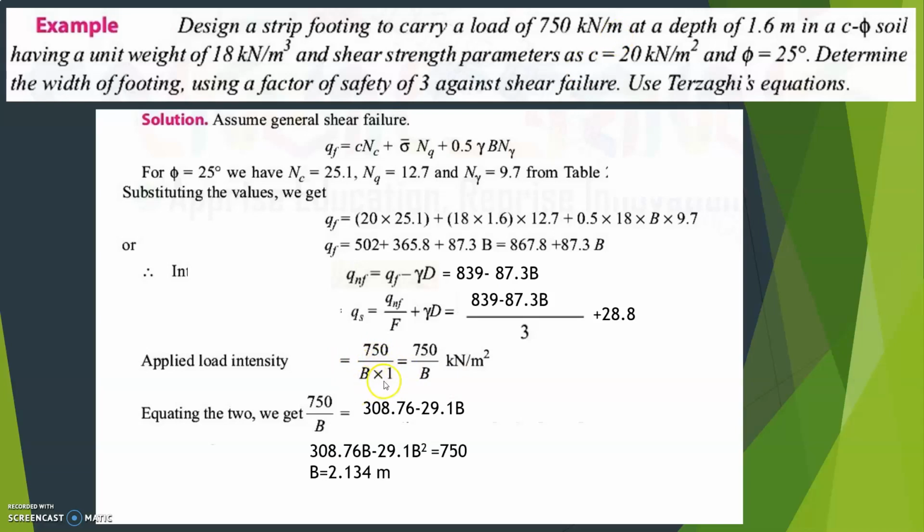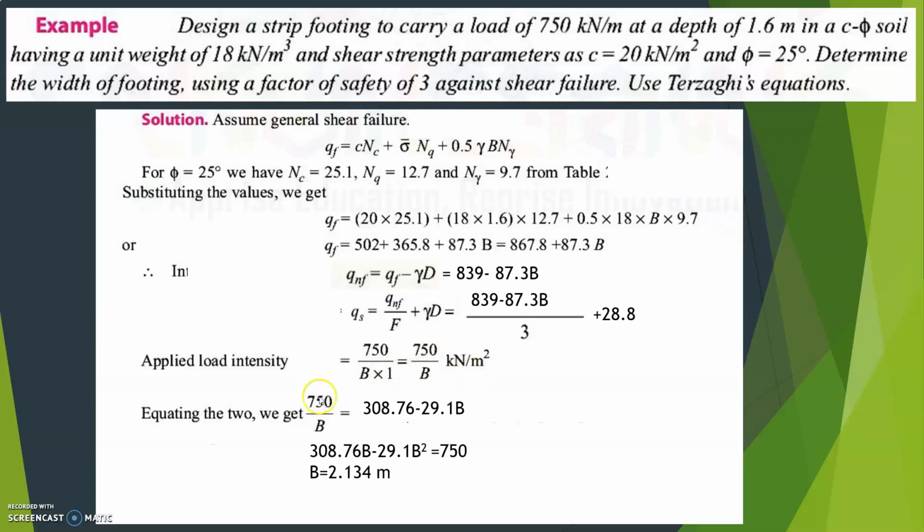So B into 1, that is equal to 750 divided by B. Okay, so that is in kilonewton per meter square. So now both are in kilonewton per meter square. Both become intensity. Before it was load. So when you divide it by area, that is the stiff footing, B into 1 meter length, that is area. So you will get 750 divided by B kilonewton per meter square.